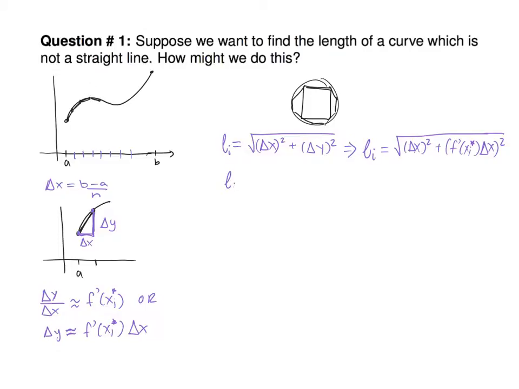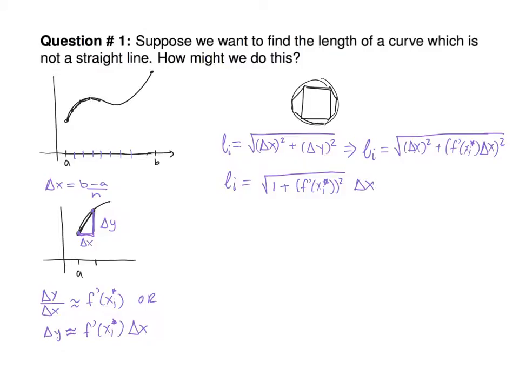Is there a greatest common factor that you can factor out from that expression now? What do both pieces have in common? Delta x squared. So you factor it out and then you square root it, so it becomes delta x times the square root of 1 plus f prime of x sub i star squared.